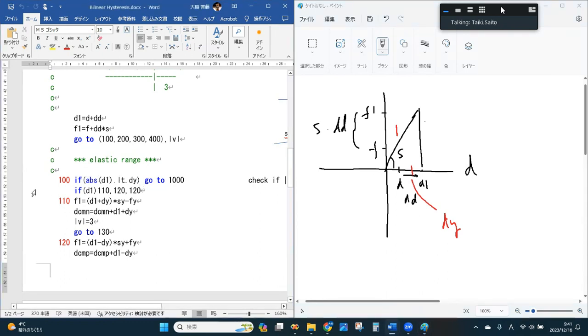So you go to next line. Okay? And then you check the sign of DD. This is negative, 0, positive. Okay? So in this case, DD is positive, larger than 0. So in this case, you jump to 120. 120 here.